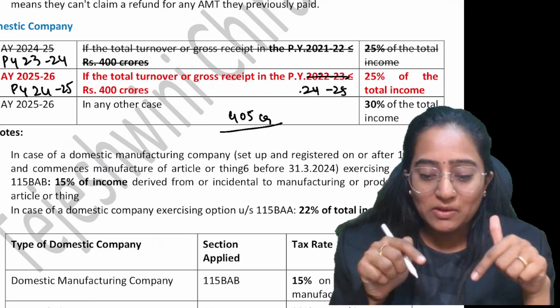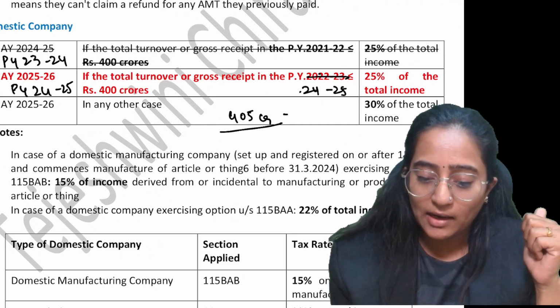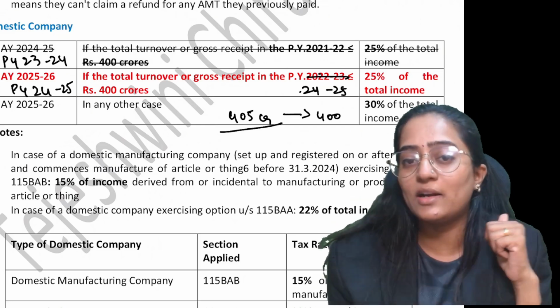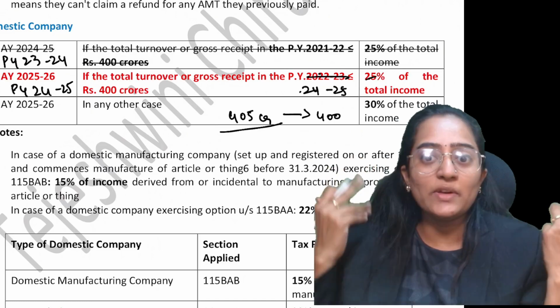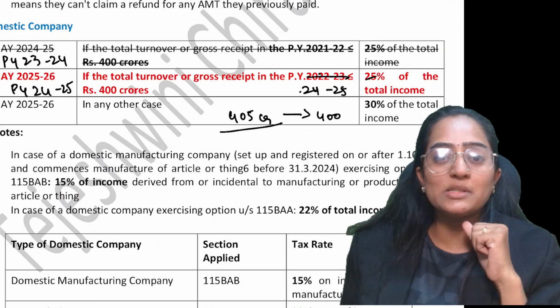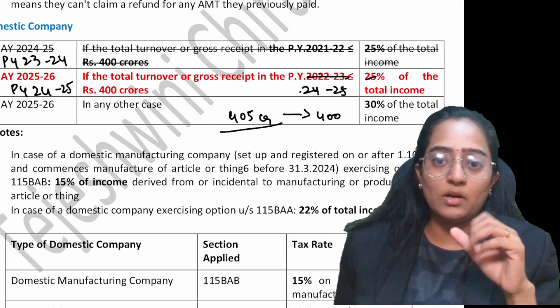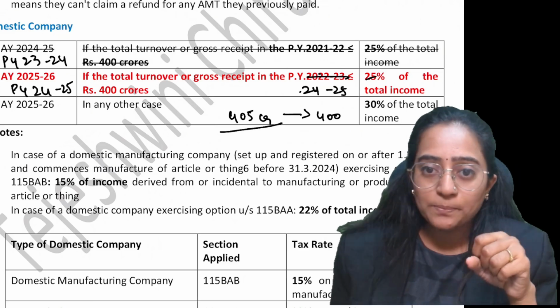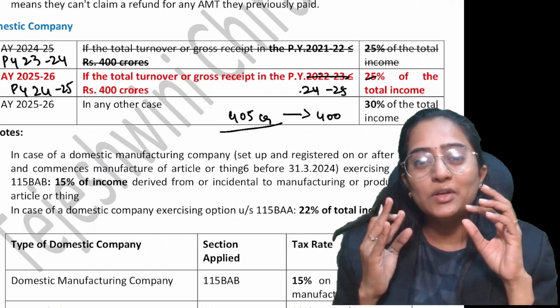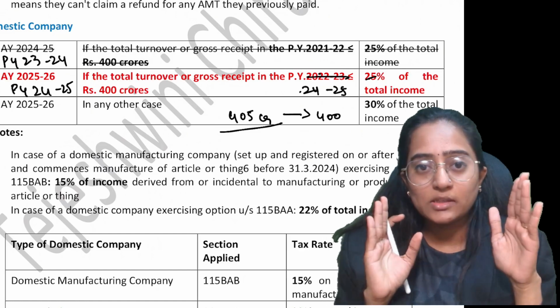What will this fellow do? Intelligently, he will try to decrease his turnover to 400 crores so that he can show 25% instead of paying 30% tax on the profits. He will do that. Hence the department told us, we will not allow such things.